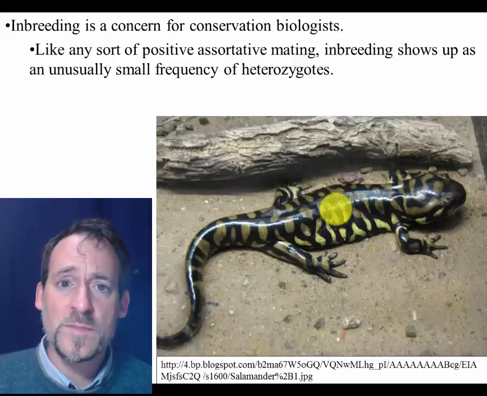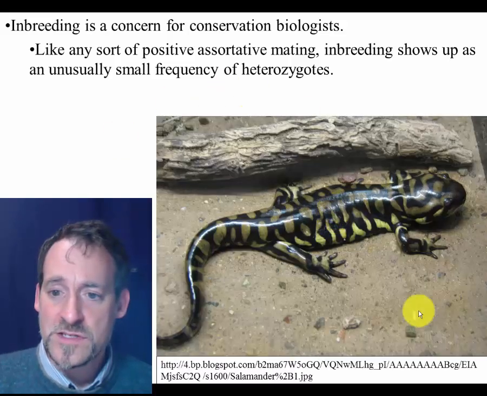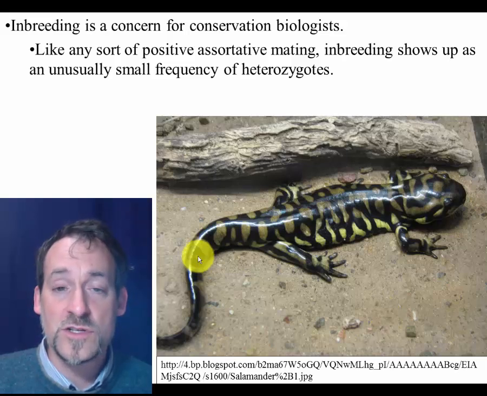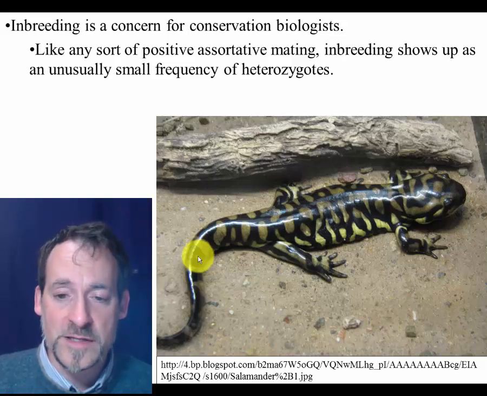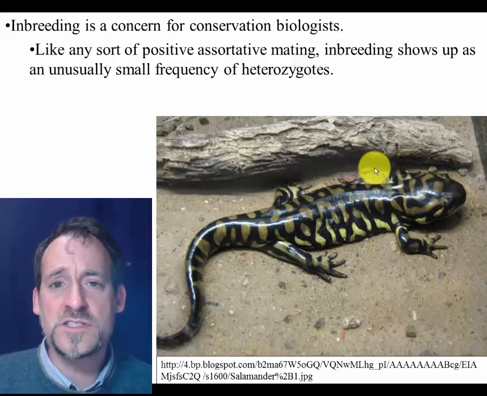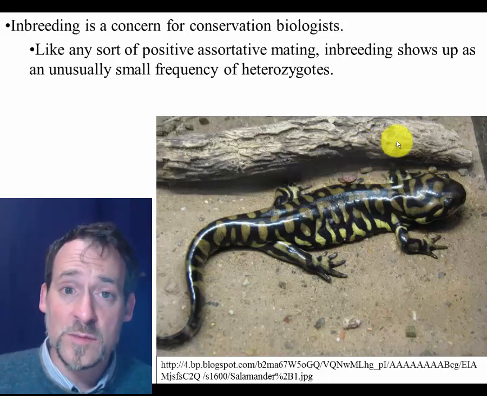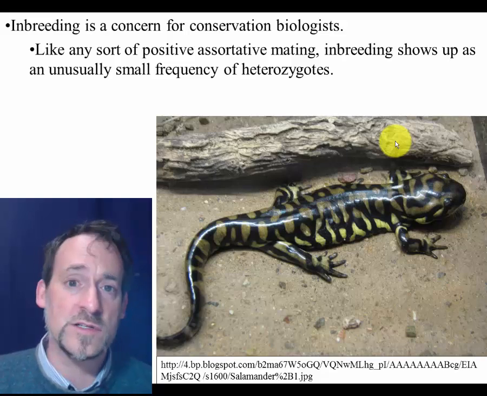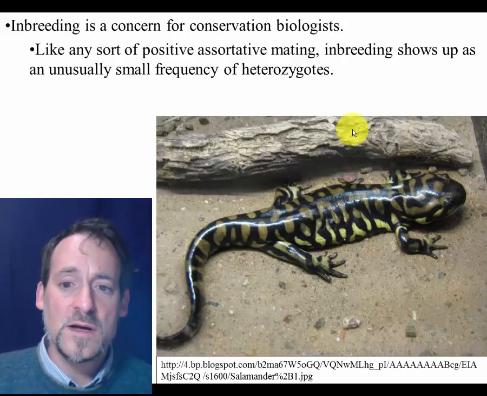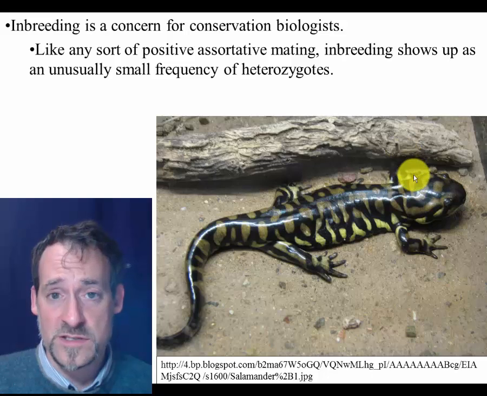So for example, researchers looking at this amphibian, the Sonora tiger salamander, looked at the genotypes of a number of different populations and found that they were reliably missing a lot of heterozygotes. This suggests that a lot of inbreeding is going on.